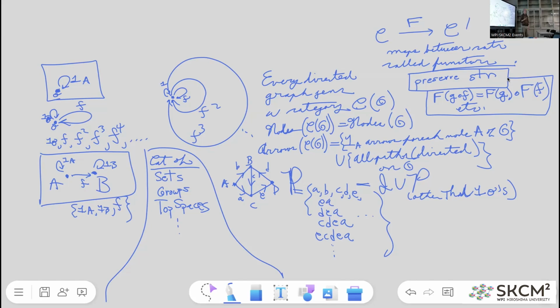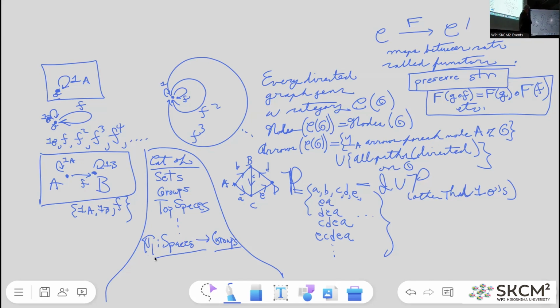And a good example of that from this way of thinking is the fundamental group, which takes spaces to groups. And we didn't study the fundamental group, but I did mention it and show you how to compute the fundamental group of the complement of a knot.